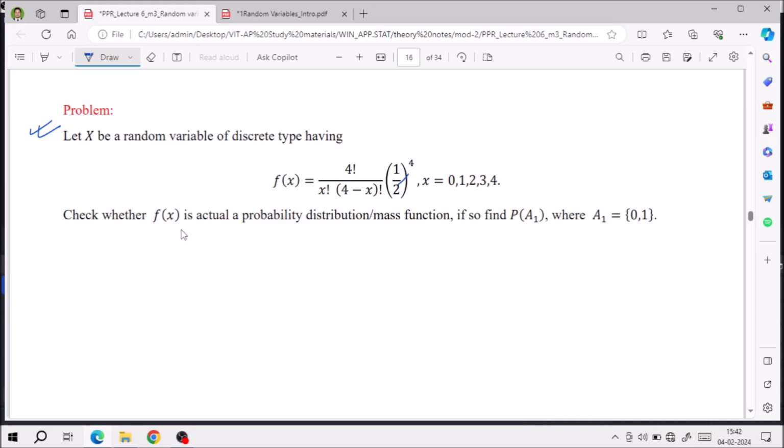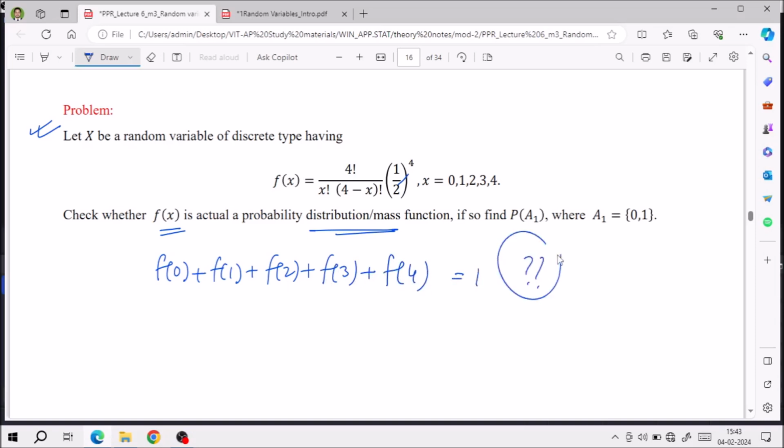See the question, whether this f(x), given in this way, is actually a probability mass function or not, you need to verify. In that case the values are 0, 1, 2, 3 and 4. So basically what you need to check is f(0) plus f(1) plus f(2) plus f(3) plus f(4), whether this leads to 1 or not.